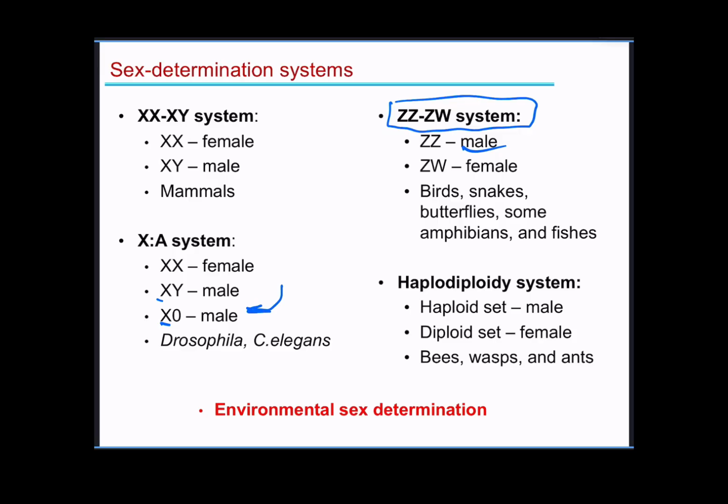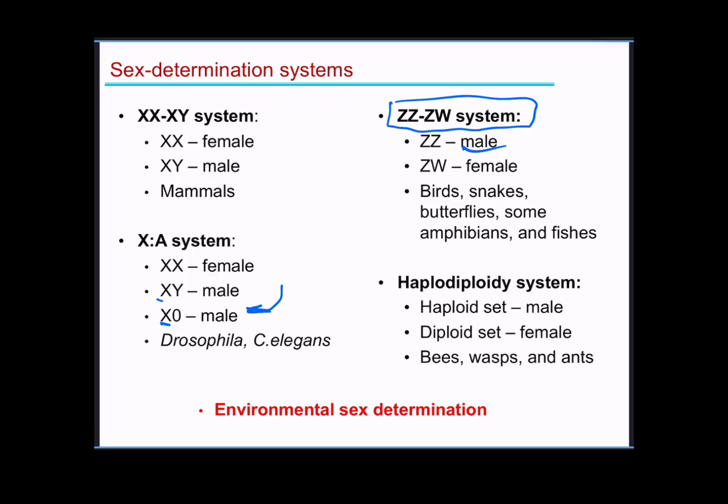Now, in all these cases, the details differ across animal groups, but the underlying biology is generally the same. You have a series of genetic events that happen in a cascade that will lead to some sort of trigger that may have to do with the presence of a given gene, like in mammals, or a certain ratio of X chromosomes to autosomes, or the presence of the W chromosome in birds, snakes, and so forth.